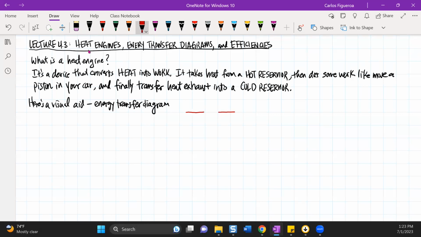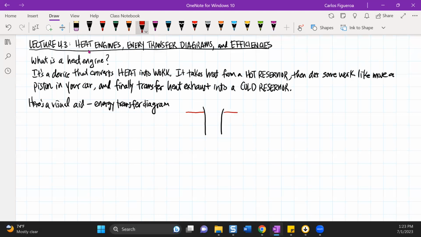And you've got to pay attention to the width. So I'm going to be careful with the width. I'm going to take heat from the hot reservoir.